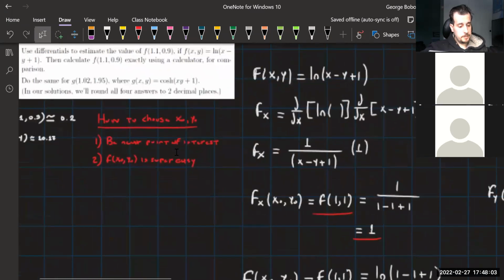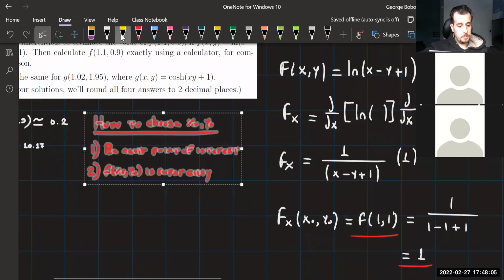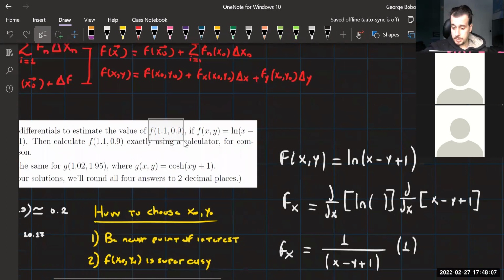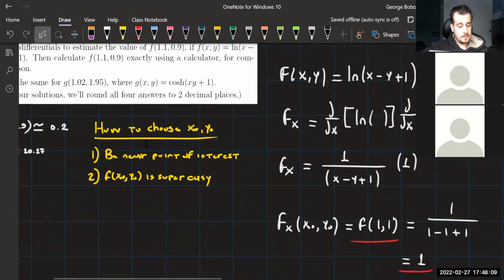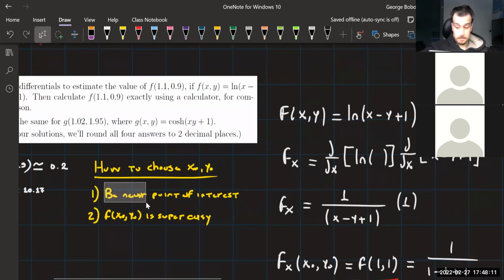The goal was to choose a point that's near where we want over here. That's the first thing, be near. And the second thing is choose it so that it makes this function really easy to evaluate there. That's the whole goal. You don't have to use your calculator. So obviously 1 and 1 worked here.